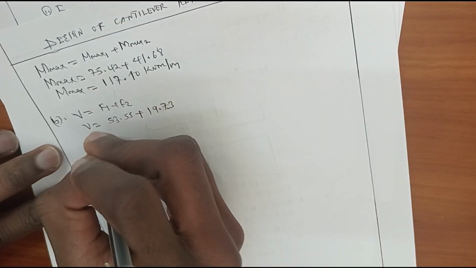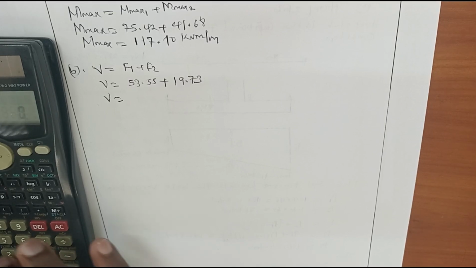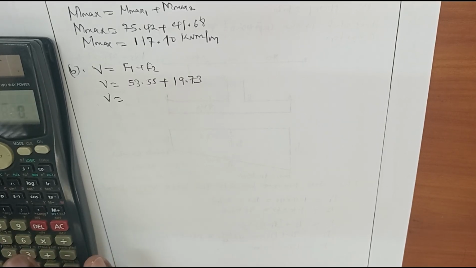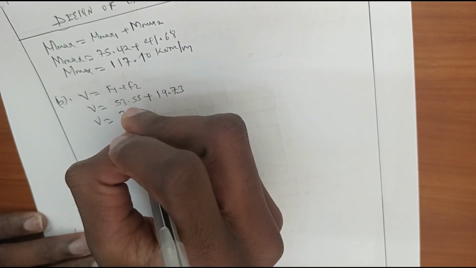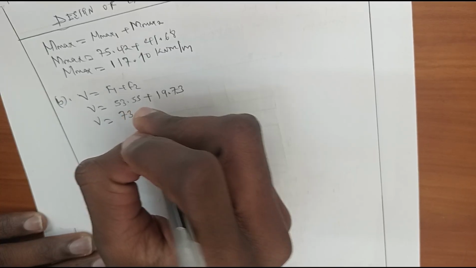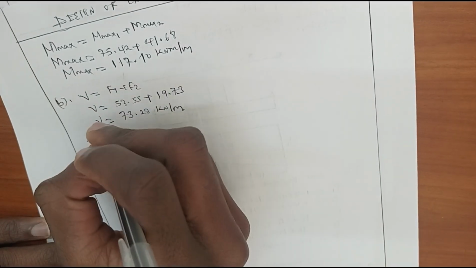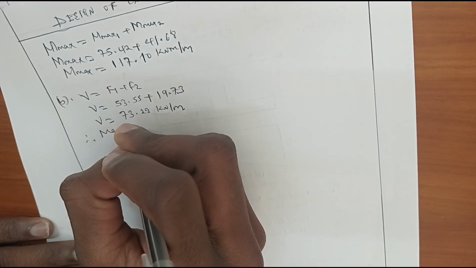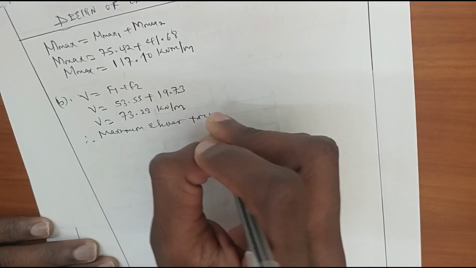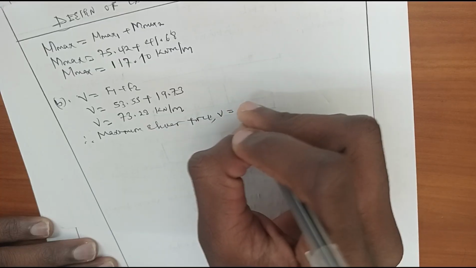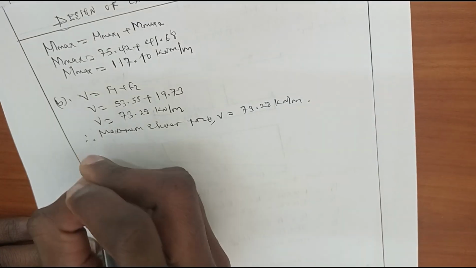Now let's compute this value. 53.55 plus 19.73 will be equal to 73.28 kilonewton per meter. This is the maximum shear force required for the stem wall, 73.28 kilonewton per meter.